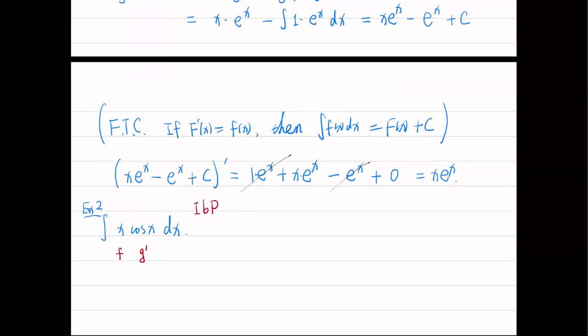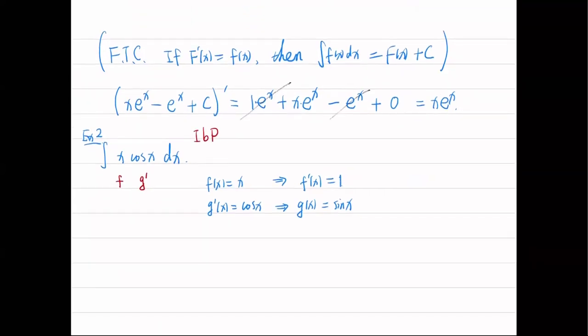Okay, Sophia, what is f of x? It's x. What's g of x? Sine x. Okay, because the derivative is cosine, we can get g of x is sine x. Now we can take the derivative easily. It is 1. Okay, so now let's apply the theorem.